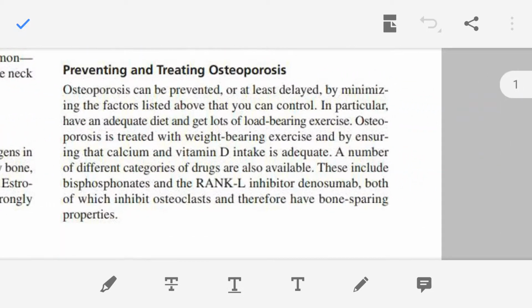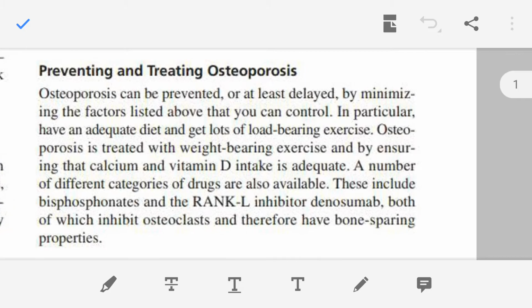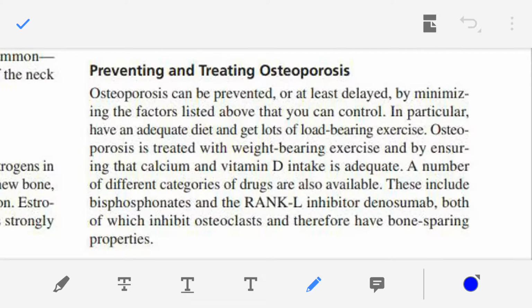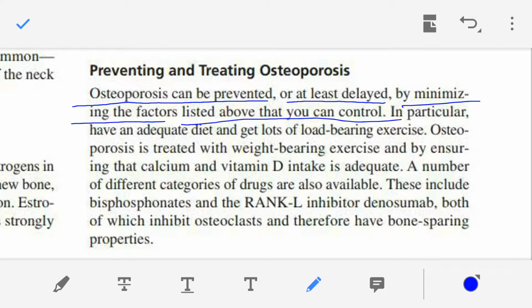Now, preventing and treating osteoporosis. Osteoporosis can be prevented or at least delayed. How can we prevent or delay osteoporosis? By minimizing the factors listed above, so all the bad habits.